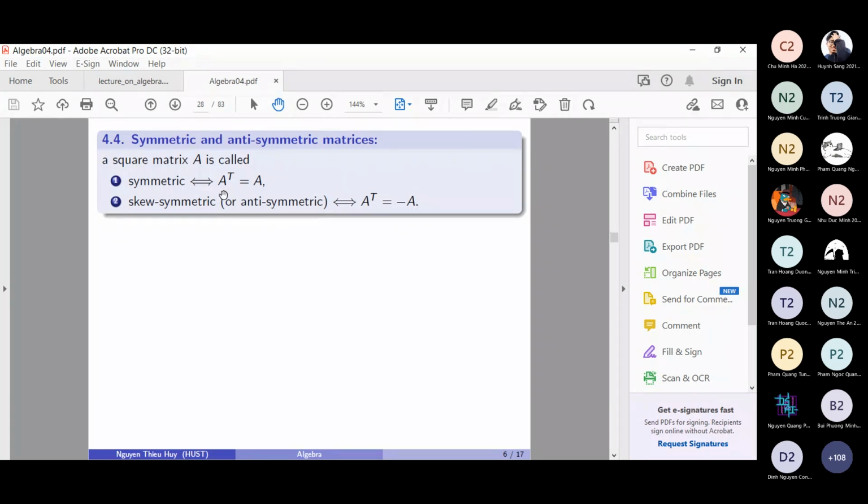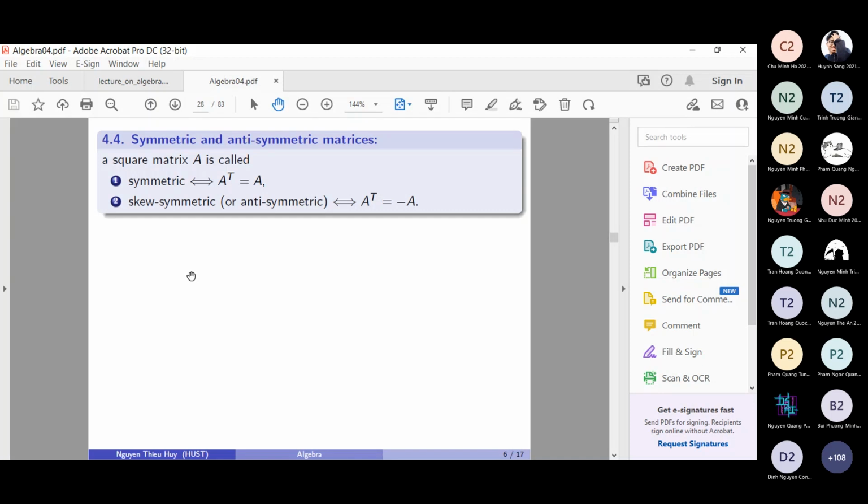So what does it mean? Let's pay attention in more detail. You have A transpose, which is just obtained from A by writing a row of A as a column of A transpose correspondingly. The first row turns into the first column of A transpose, the second row of A turns into the second column of A transpose, and so on until the last. What does this mean?